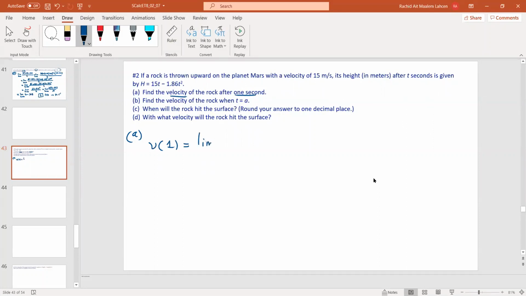So again, we're going to set up that limit, and here it's h of 1 plus h minus h of 1 over h. So we'll do this separately, just like we just did.